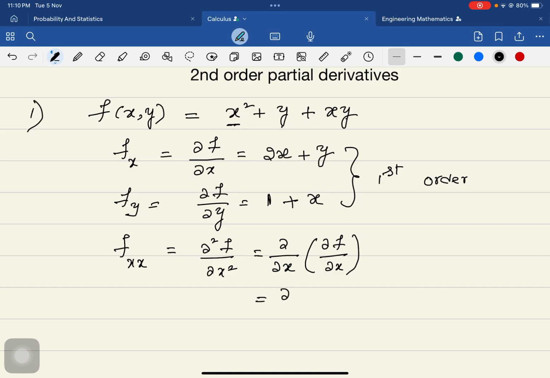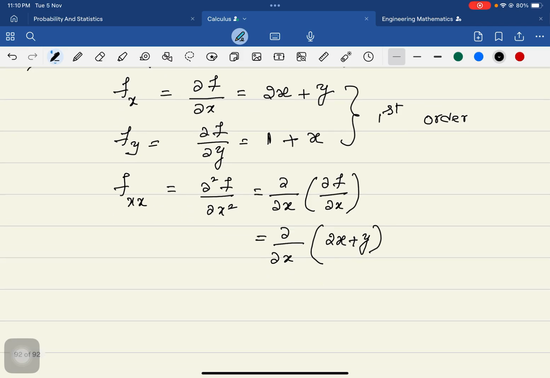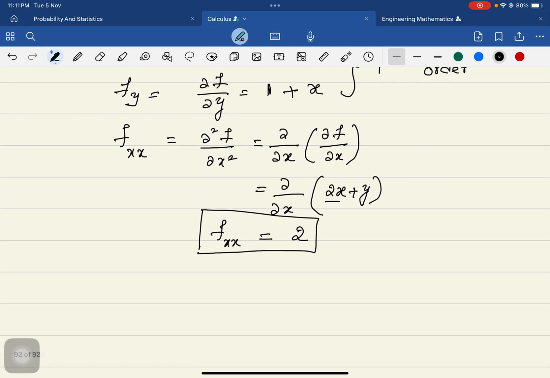Now that is given by dou x of 2x plus y. Derivative of 2x is 2, derivative of y is 0. So fxx is given by 2. I hope it is clear. The second order partial derivative, fxx.